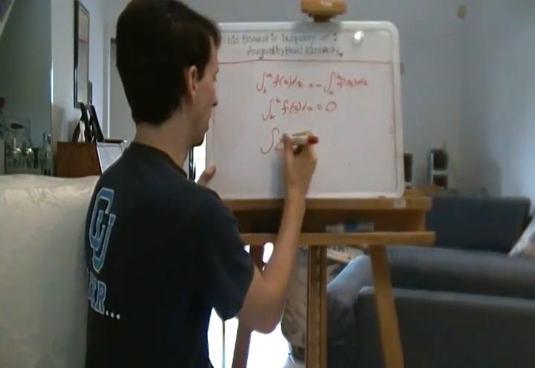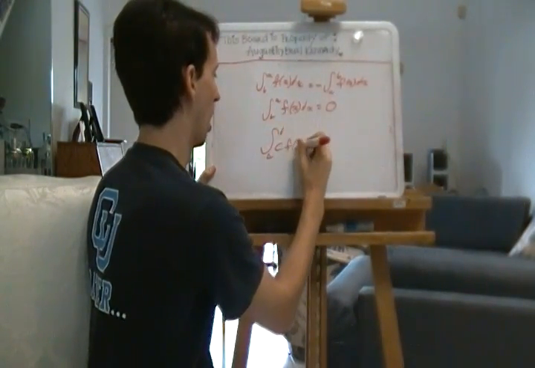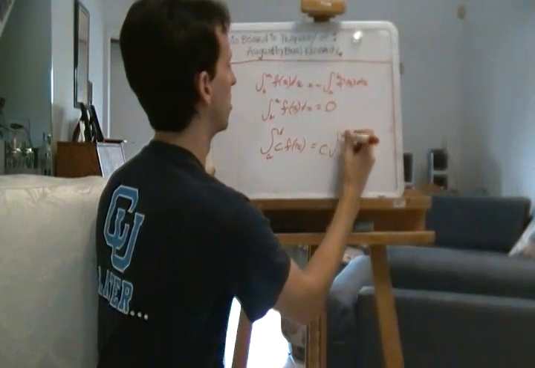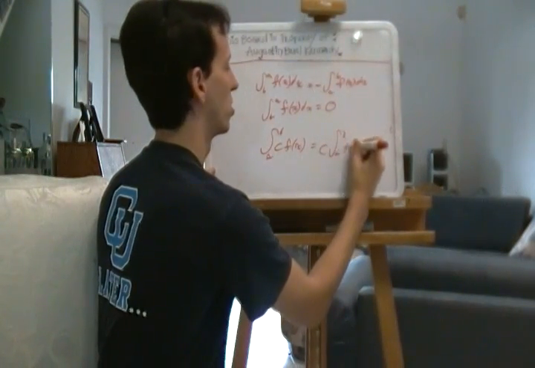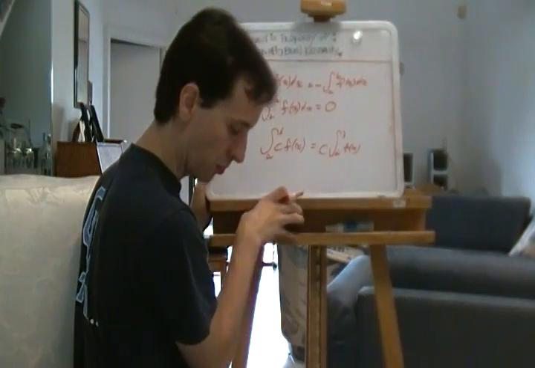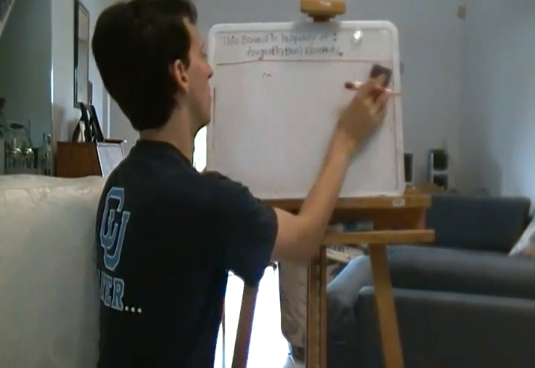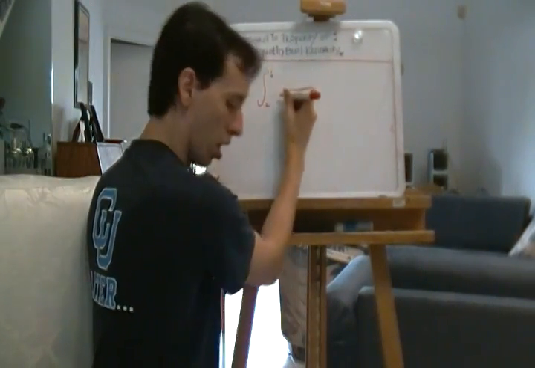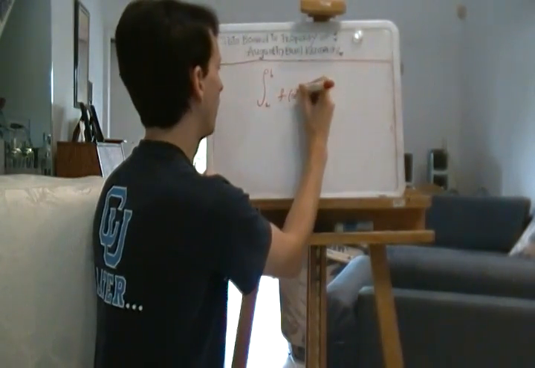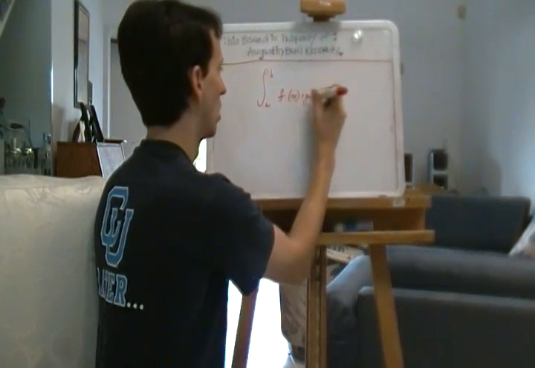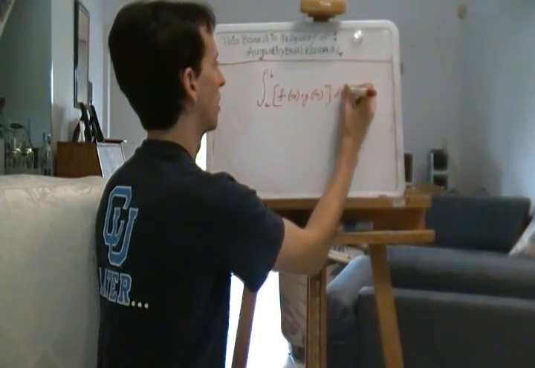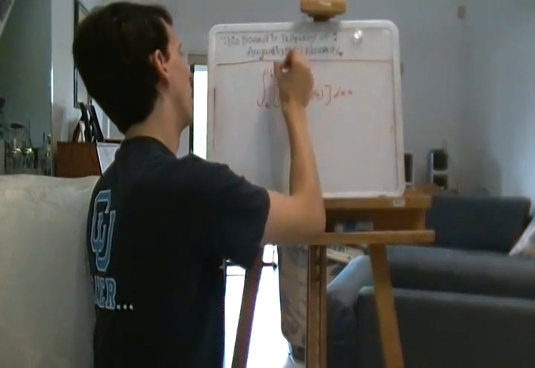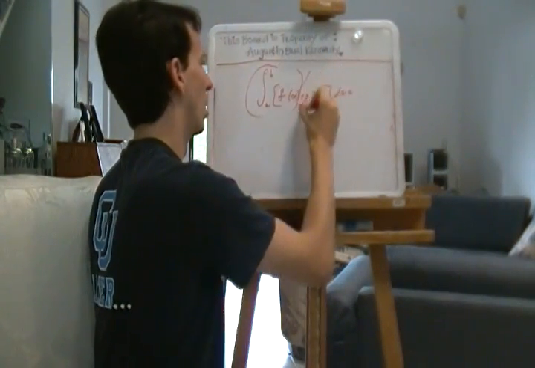If you have a constant, you can multiply the constant times the integral, just like with derivatives. The integral of the sum f of x plus g of x dx is the sum of the individual integrals.